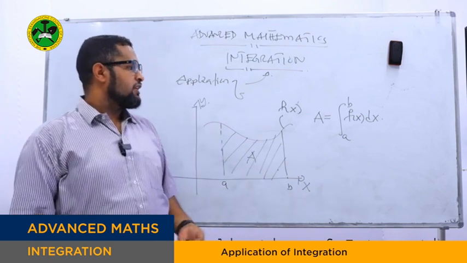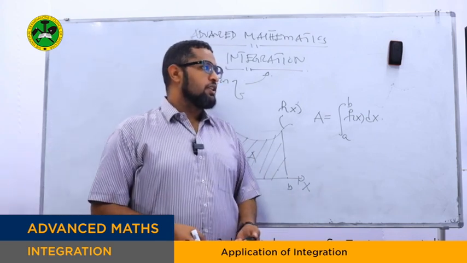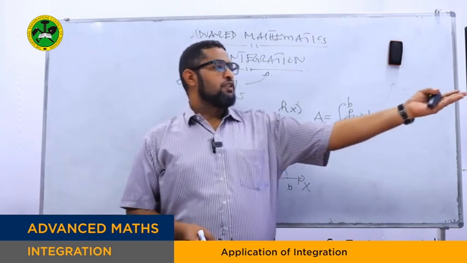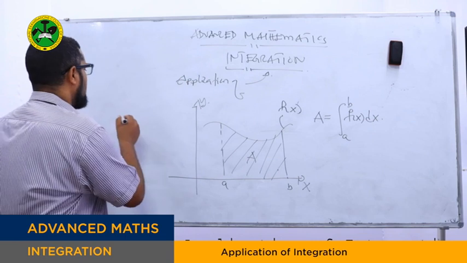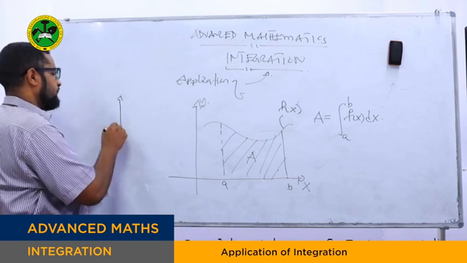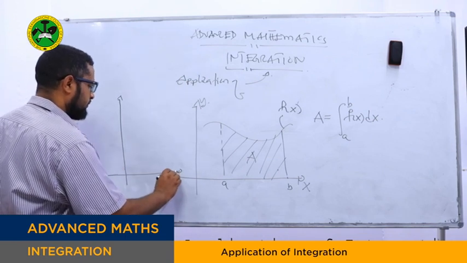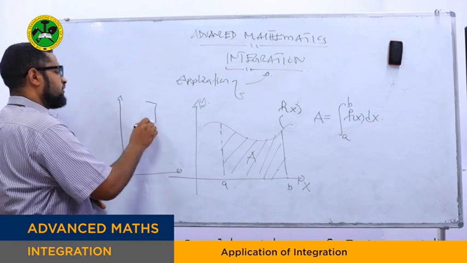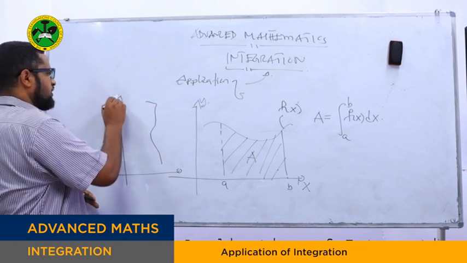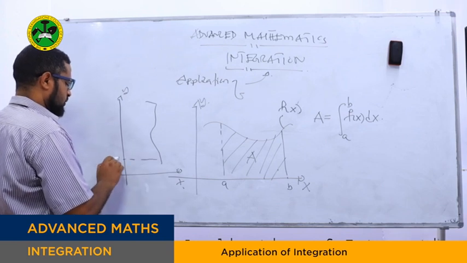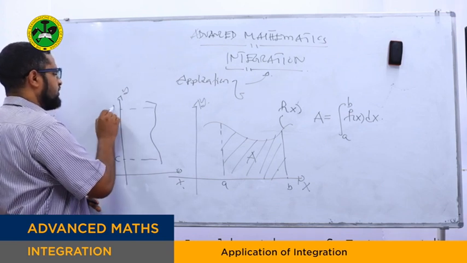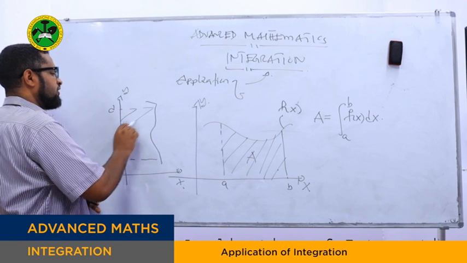But in the second case, if it is with respect to the vertical axis, you will see the curve will change. Let's assume this is our curve. This is y and this is x. Let's say you are finding the area from c up to d. This is the area.